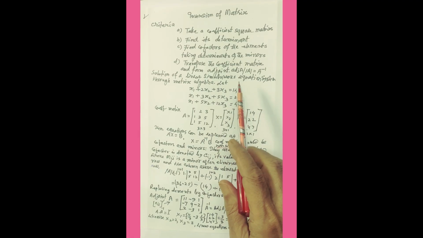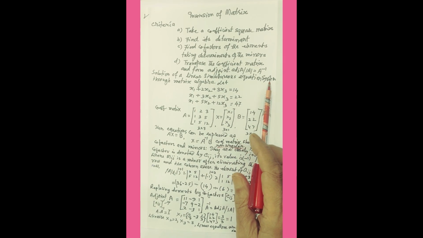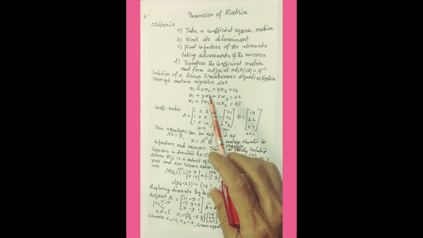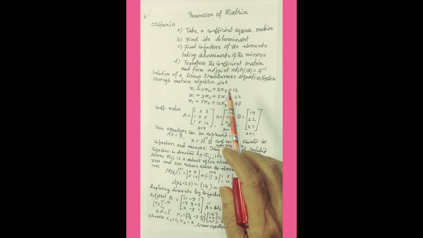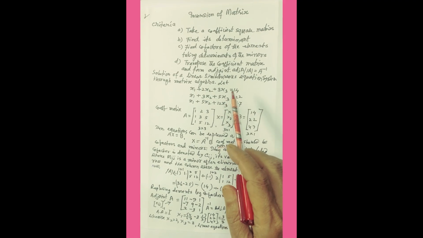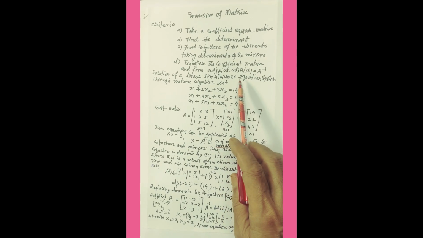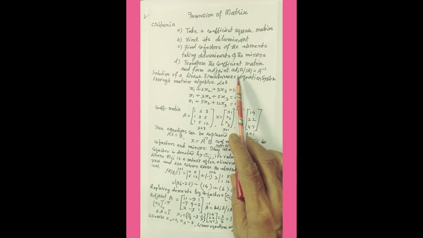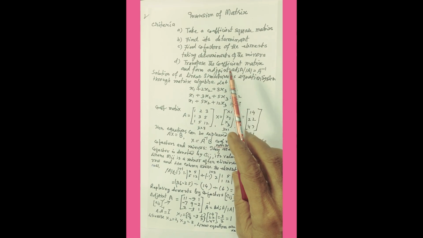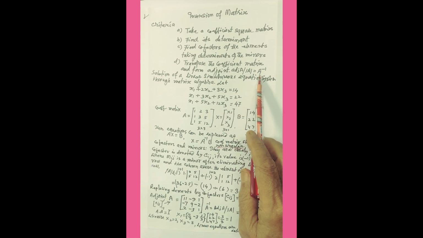Then transpose the coefficient matrix and form the adjoint matrix. Adjoint divided by the determinant of the coefficient matrix will give the inverse matrix.